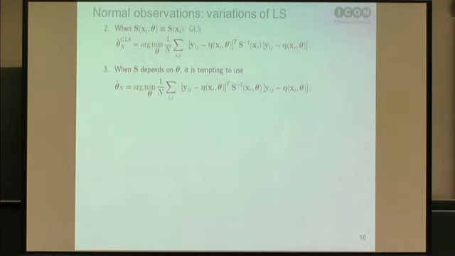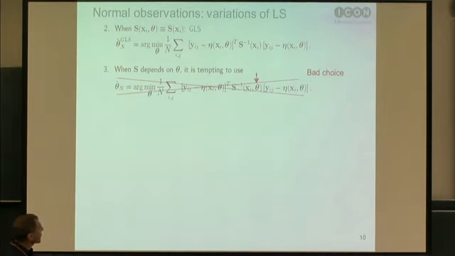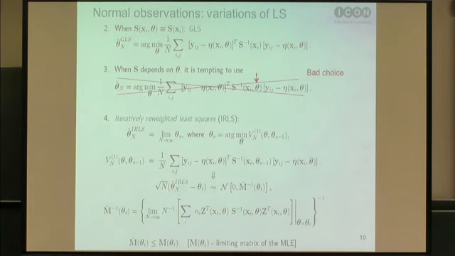Now, when the matrix depends on theta, it's kind of natural to try to use a simple generalization, plug in this theta here, and do optimization with respect to parameters theta. Unfortunately, this does not work because there are examples when the estimator won't be consistent, because you have to fix this parameter theta and use an iterative procedure. And this is what's called iteratively reweighted least squares.